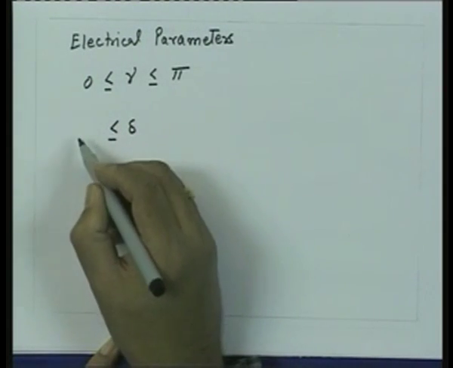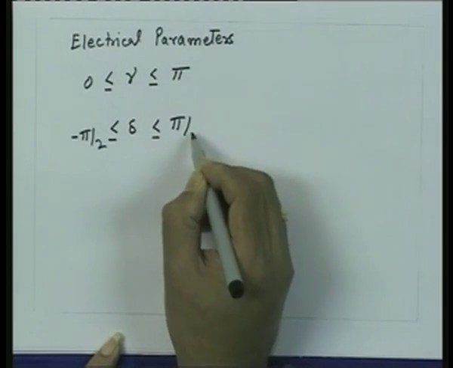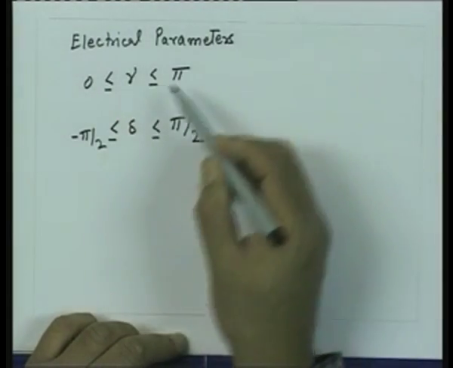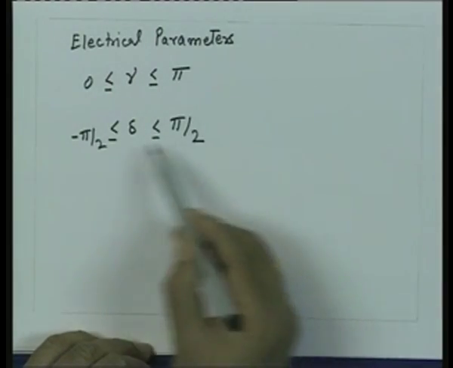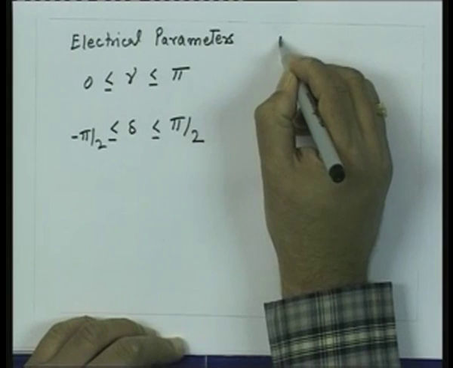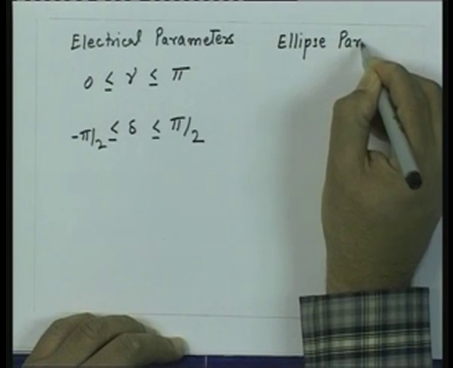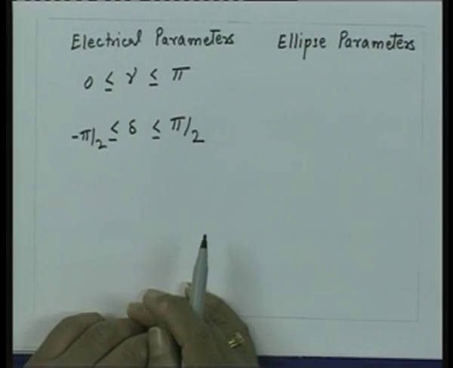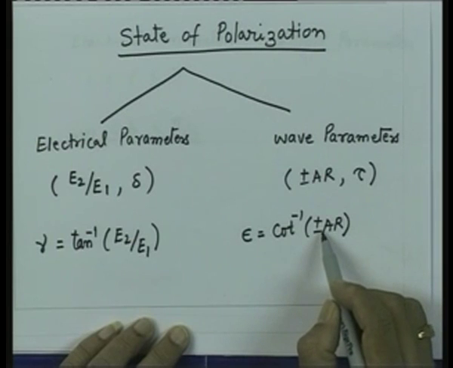The phase angle delta lies between minus pi by 2 and plus pi by 2. So, we have these two parameters: gamma ranges from 0 to pi, and delta ranges from minus pi by 2 to plus pi by 2. If I take on the other side the ellipse parameters, we have this axial ratio which can range from 0 to infinity.